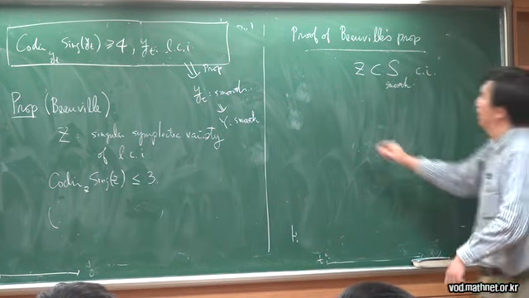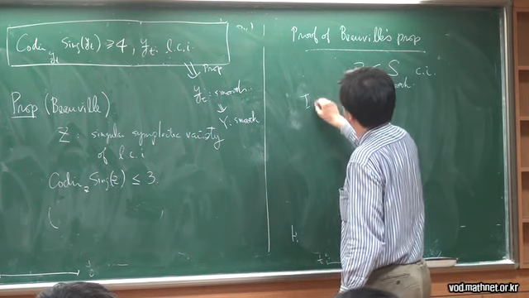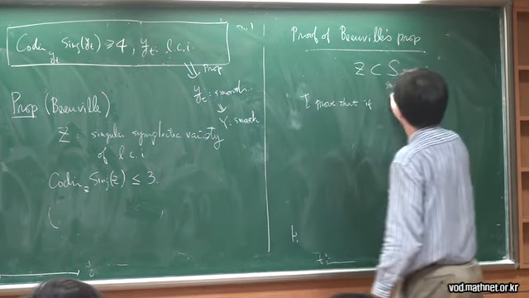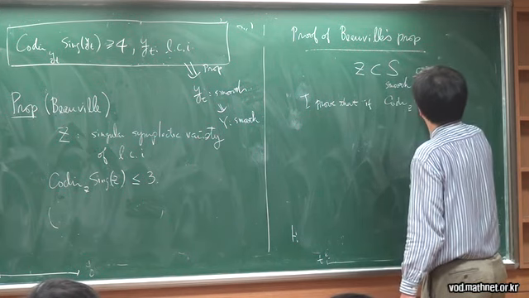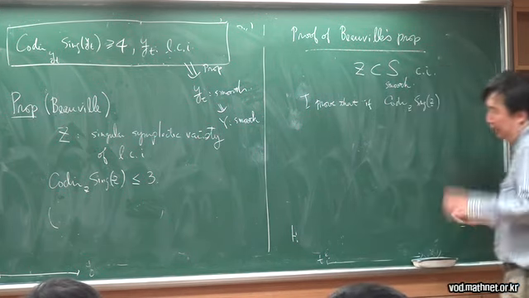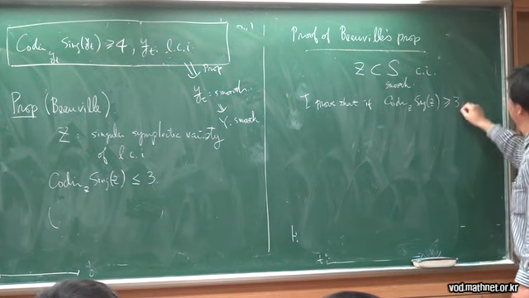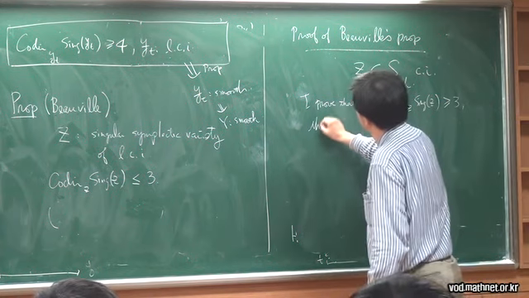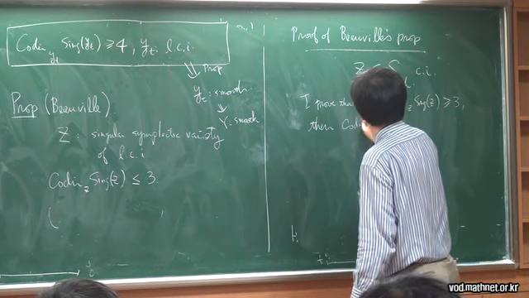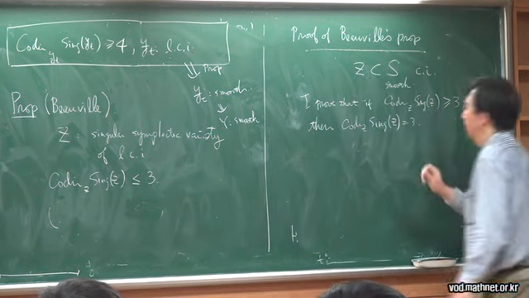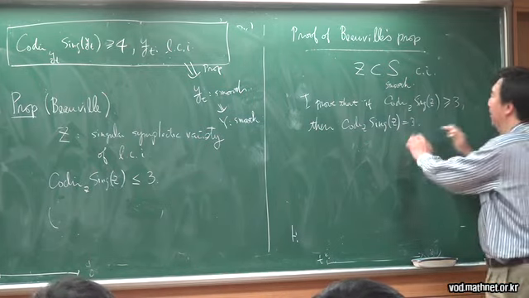And I will prove that if the codimension of Z is not less than 3, then this thing is contradictory.